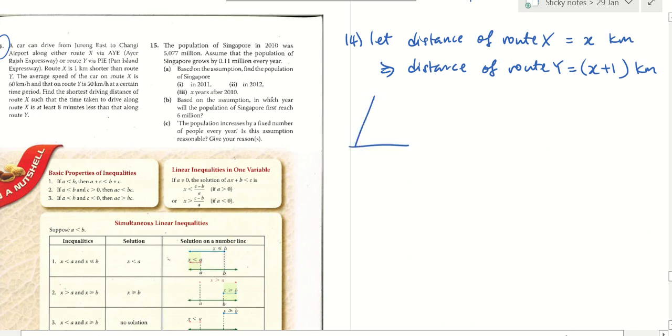So remember your dst. You have speed, you have expression for distance, you can obtain one for time. So time for route x, we take the distance divided by the speed.